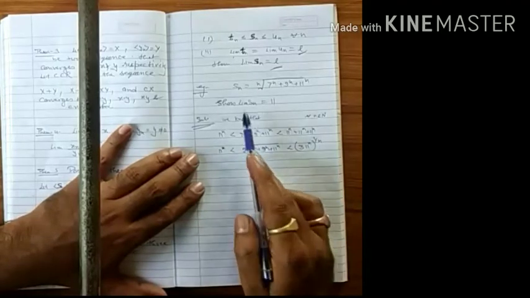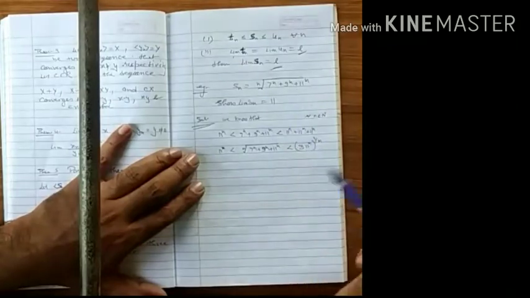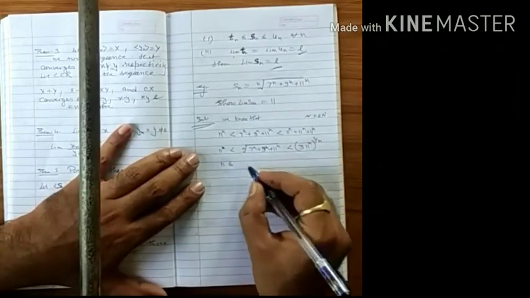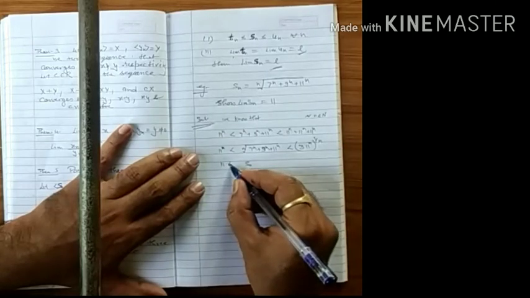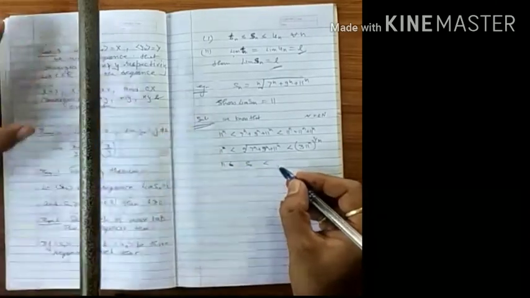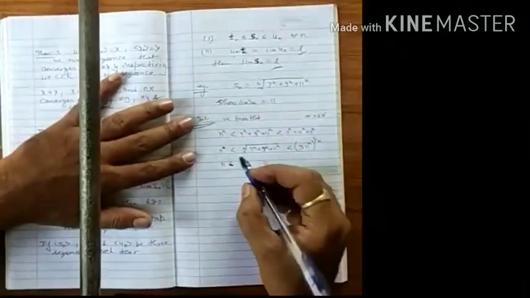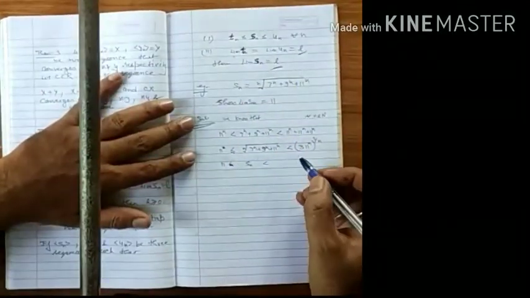So here we take this as Sn. So 11 is less than Sn, less than or equal, because the sandwich theorem says it is less than or equal.